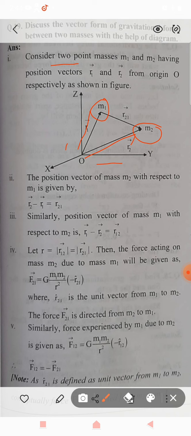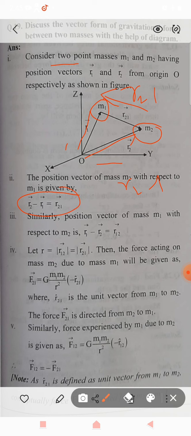The position of the mass m2 with respect to m1 can be given as r21, which means r2 minus r1. So we have to take the difference between the two.